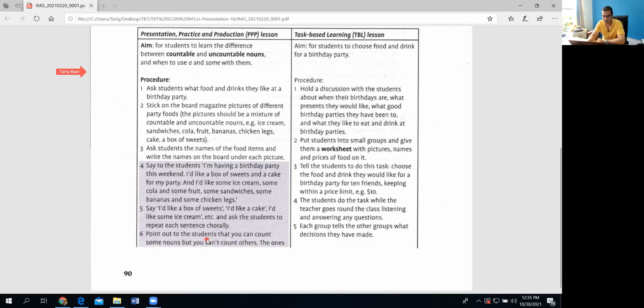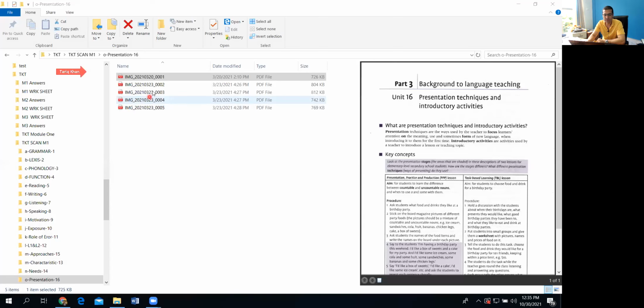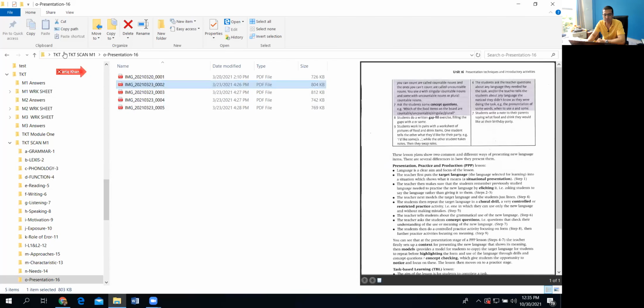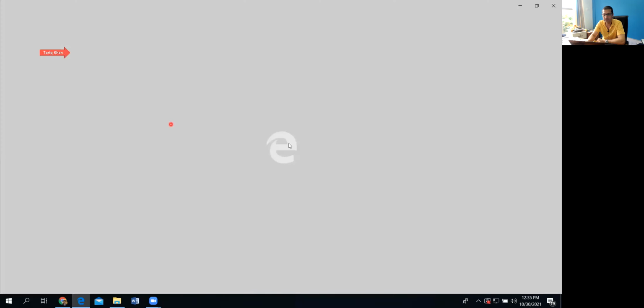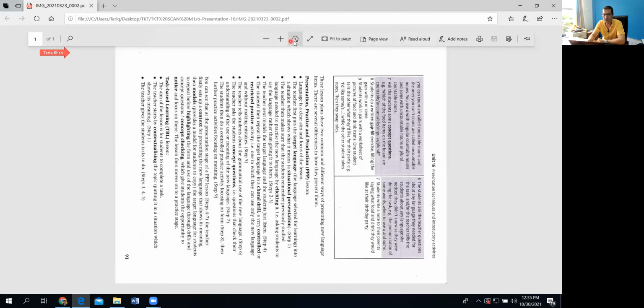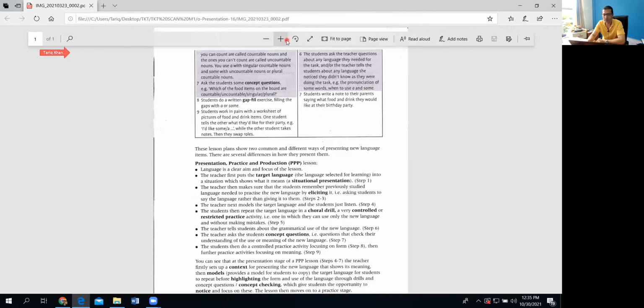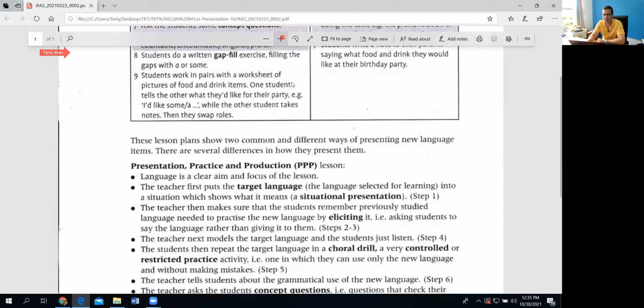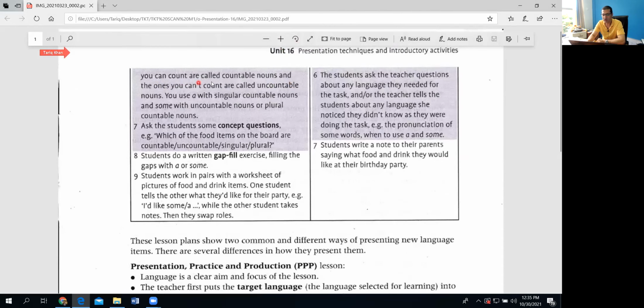Number 6, point out to the students that you can count some nouns, but you can't count others. The ones you can count are called countable nouns, and the ones you can't count are called uncountable nouns.